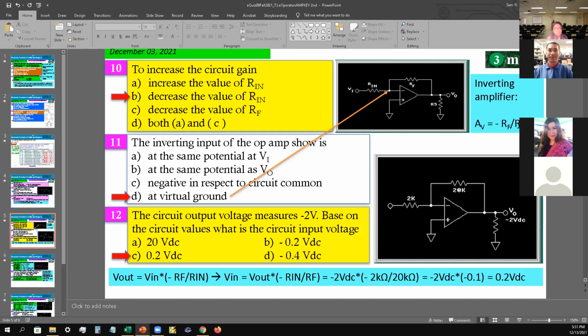Now, if you decrease this one by a factor of 10, there will be a gain of 100. So 100 times 2 will be 200 volt output. Okay, RF is not controlling any current.